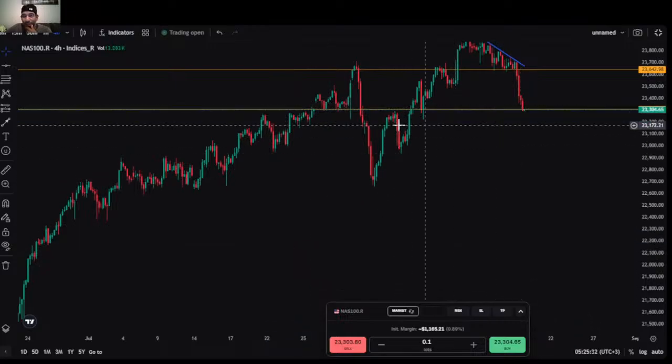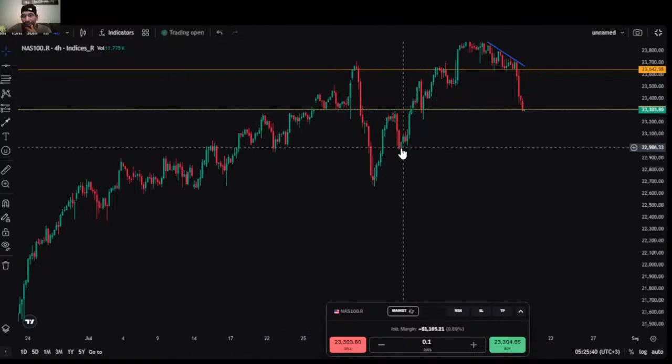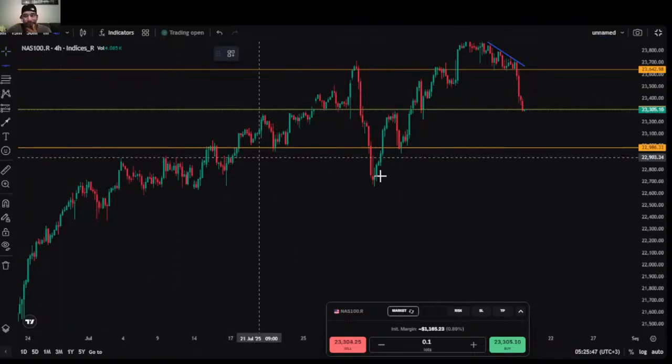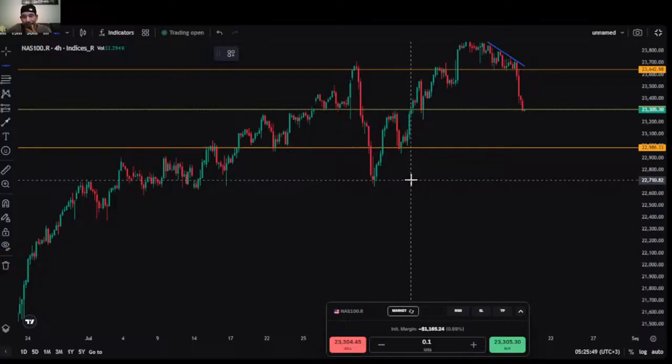But I think this is a good area. Now that we got this breakout from this support up here and this previous resistance, you see how there's resistance here, support, all that. We got 2 potential targets. The first target will be here, the next target will be down here.